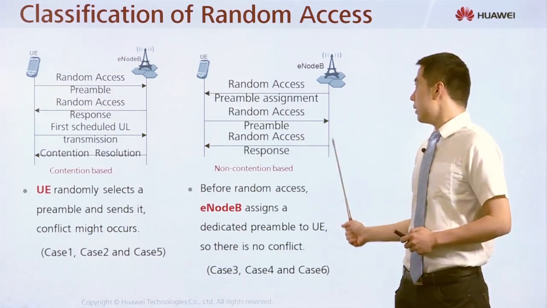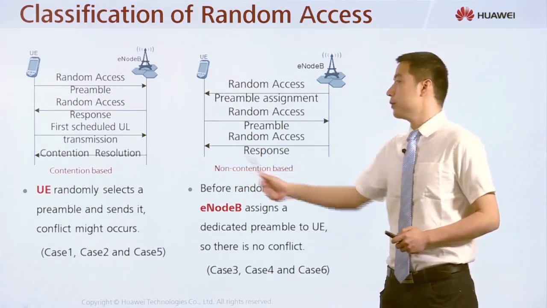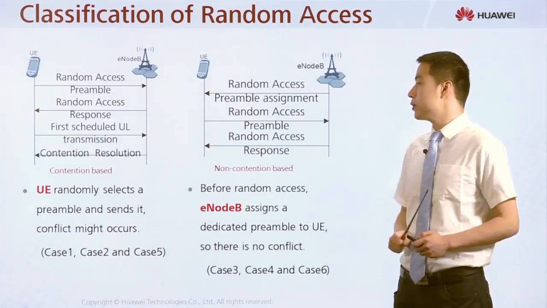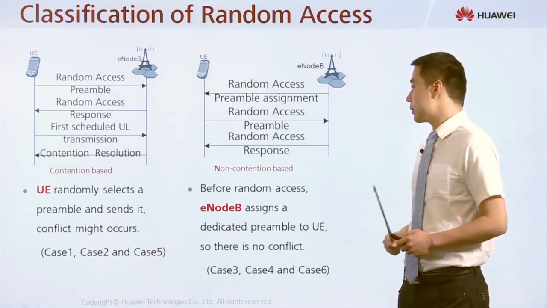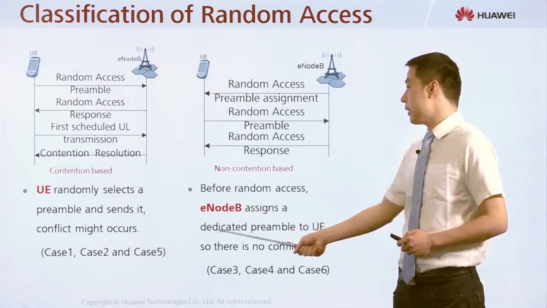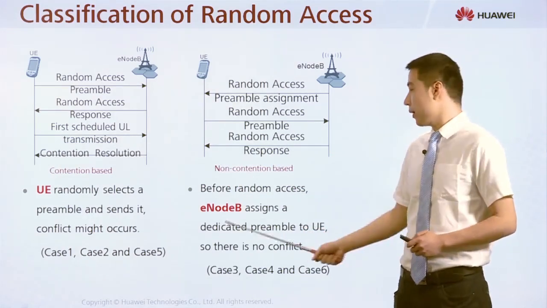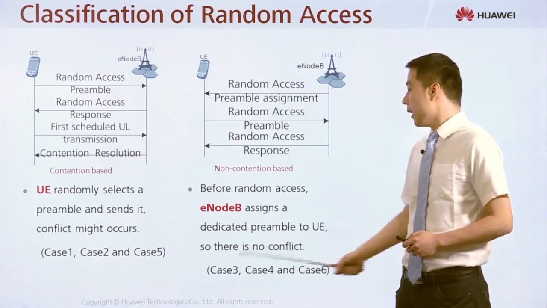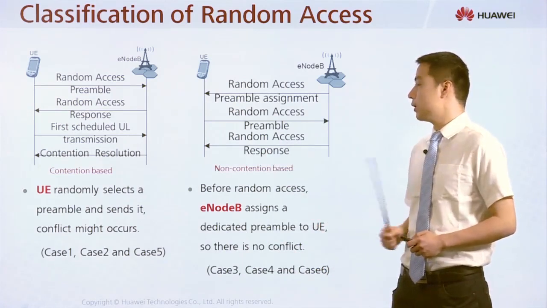Then, eNodeB will send the response. There's no contention resolution step for the non-contention-based random access. Before the random access, eNodeB assigns dedicated preambles to the UE, dedicated for each user. So there's no conflict. Case 3, case 4, and case 6 belong to the non-contention-based.